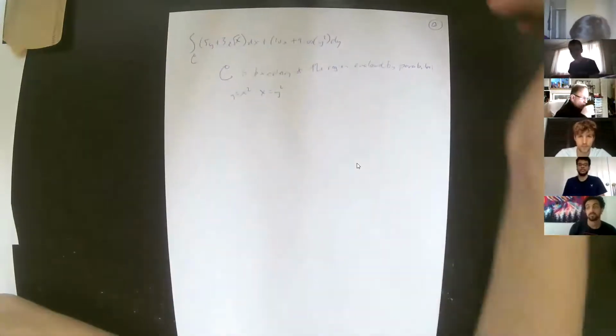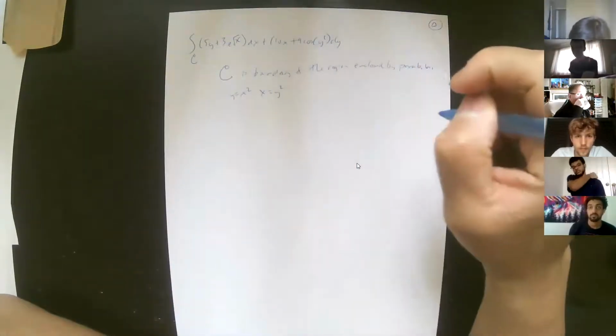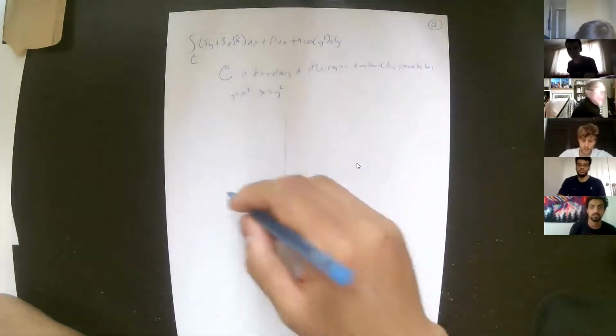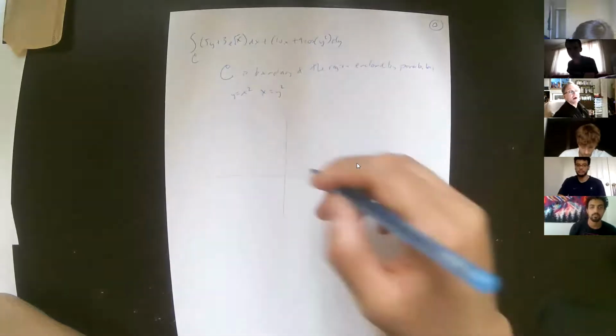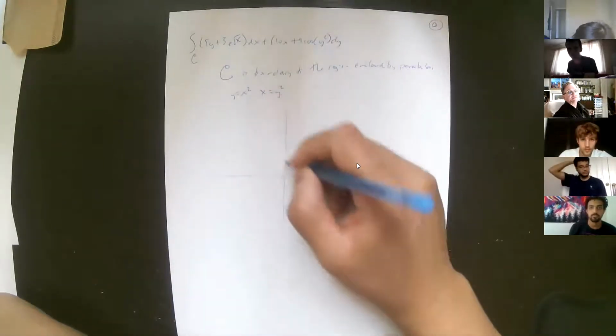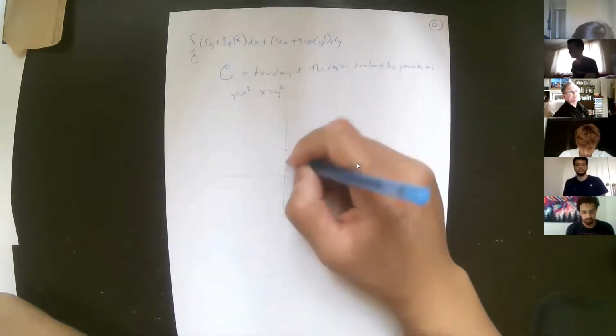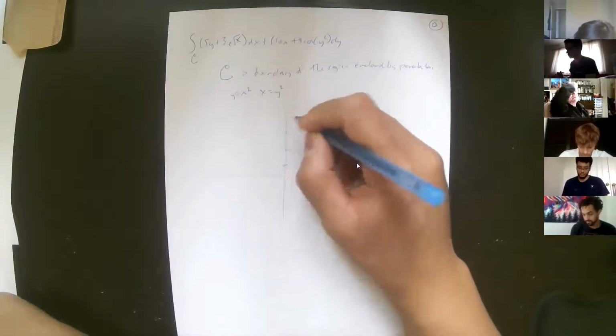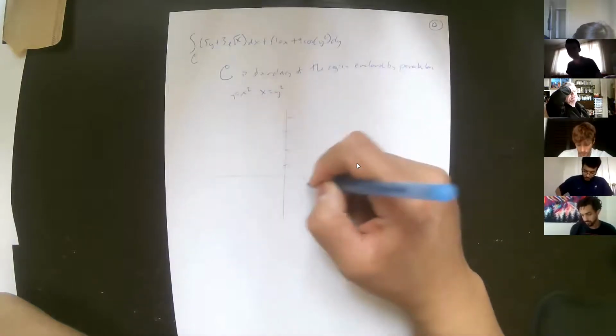So what's the first way we would draw a picture? What does C look like? So we've got y equals x. So this is 1, 2, 3, 4.